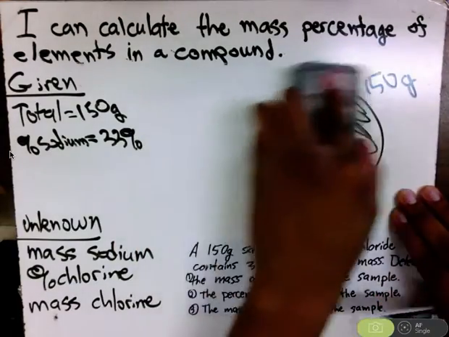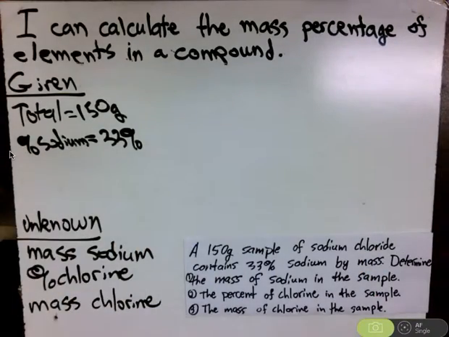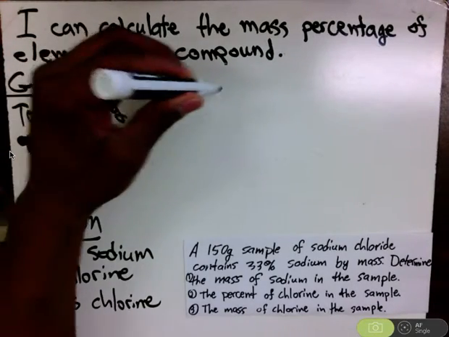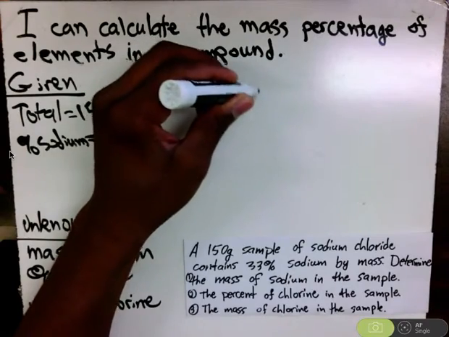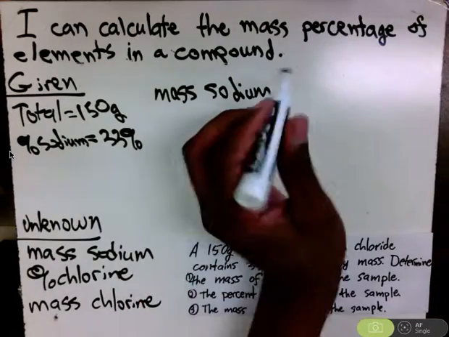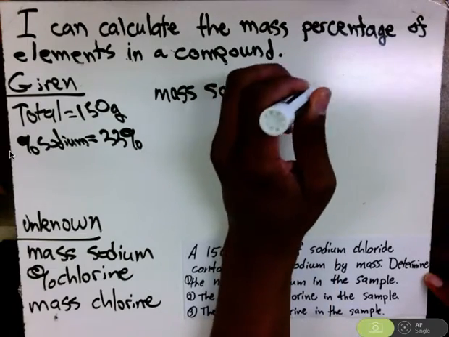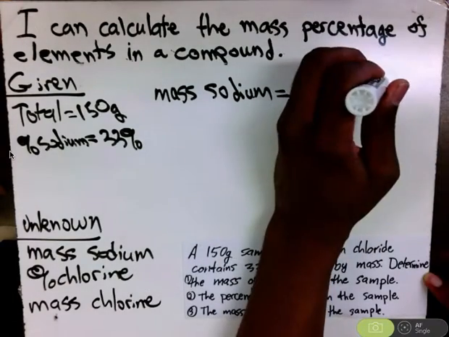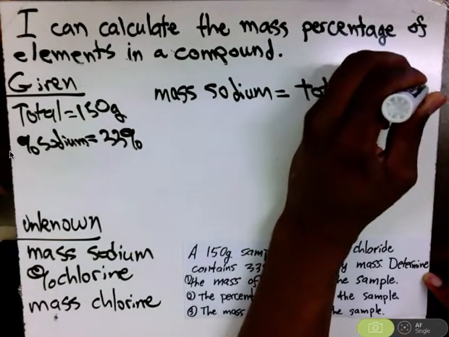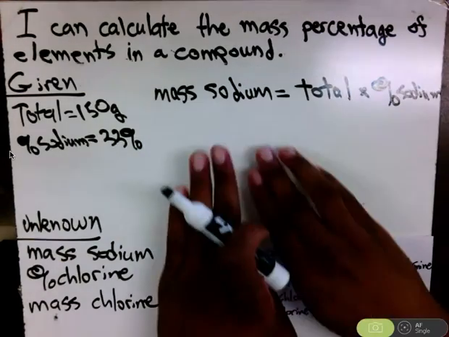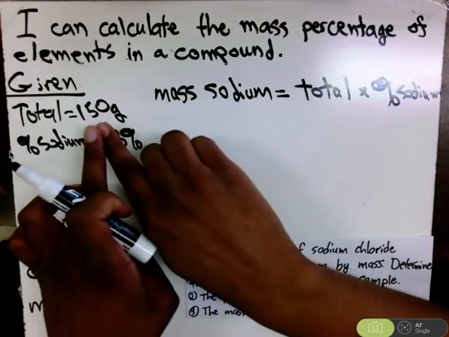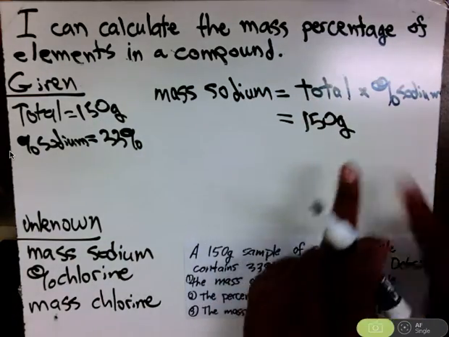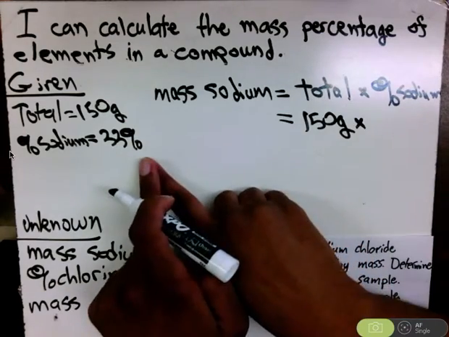Now, we can do this mathematically by saying my mass of sodium, remember, that's our first unknown, is equal to the total multiplied by the percent sodium. So, to get the mass of sodium, I need to take my total, 150 grams, and I need to multiply it by 33%.